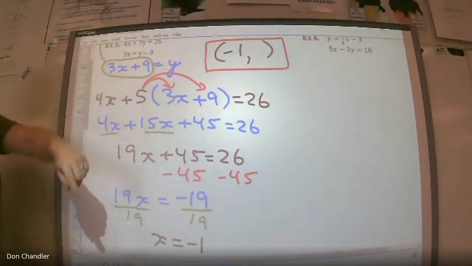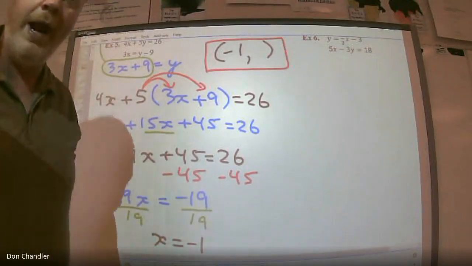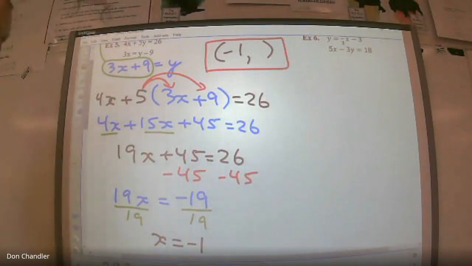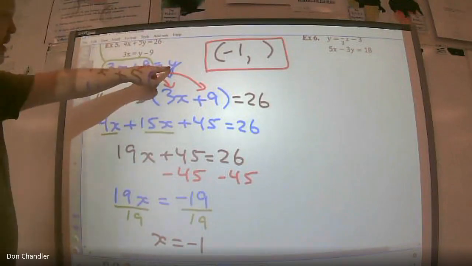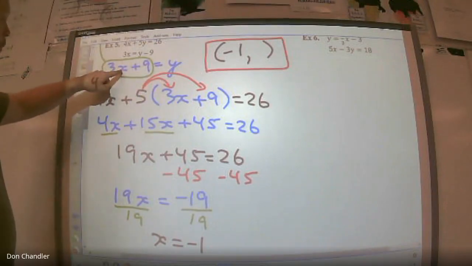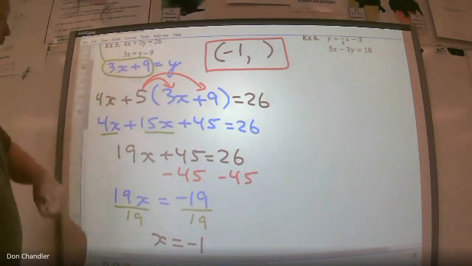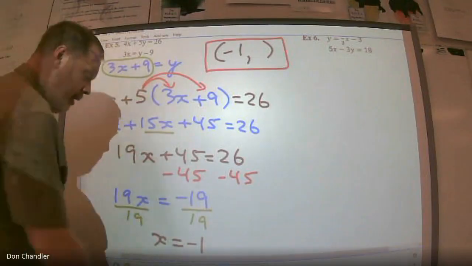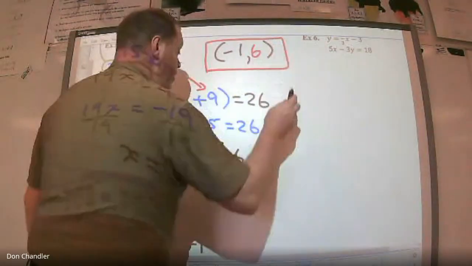Go for it. I don't care where you put the x in as long as you solve for your missing y. I'm going to put it here because it's easy. 3 times negative 1 is negative 3 plus 9. Negative 3 plus 9. I believe the answer is 6.